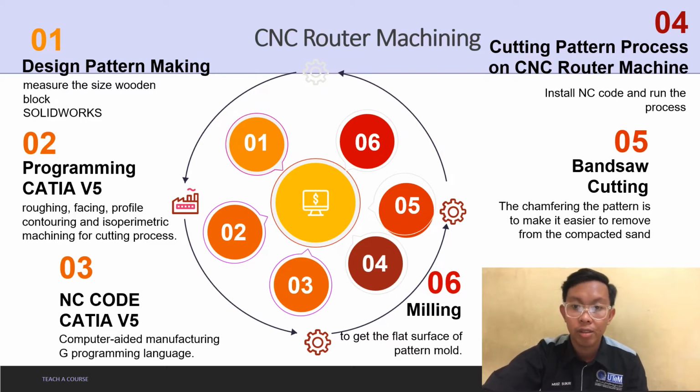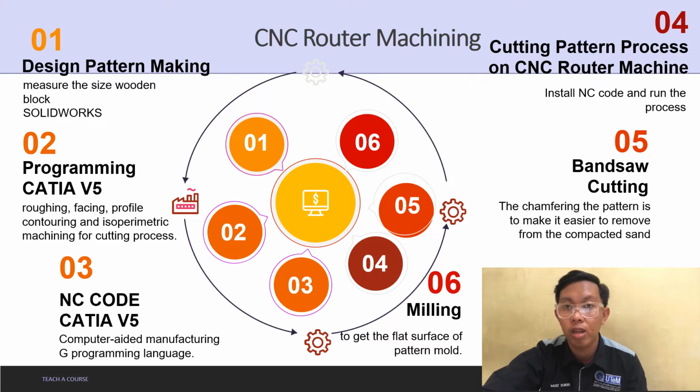In the CNC rotor machining, there are 6 steps, 6 processes that have been done. For the first one, we design the pattern making, and for the second one, we do programming using the CATIA V5 software.